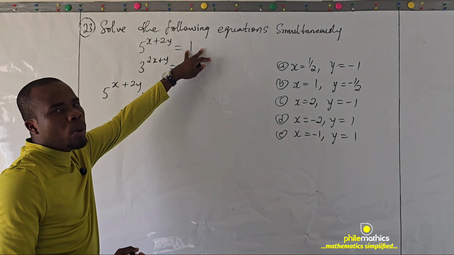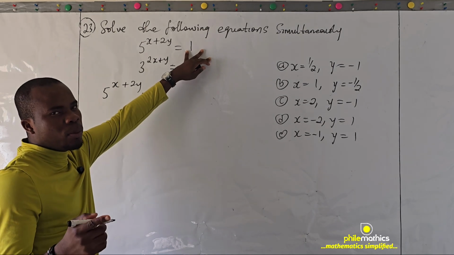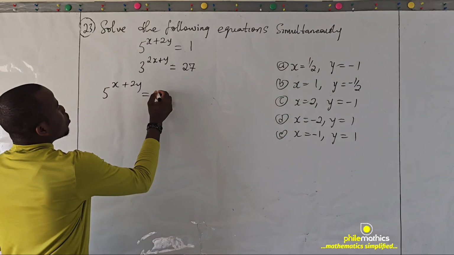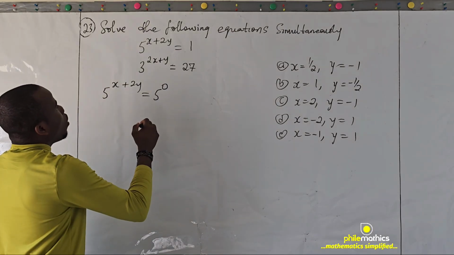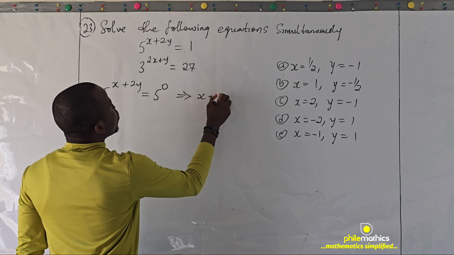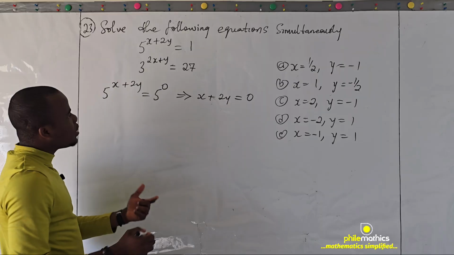Any number to the power 0 is 1, one of the rules in exponential equations or laws of indices. So this is 5 to the power 0, and it implies that x plus 2y equals 0.